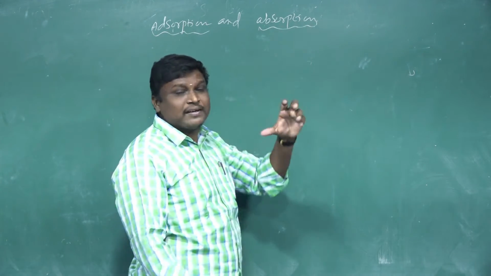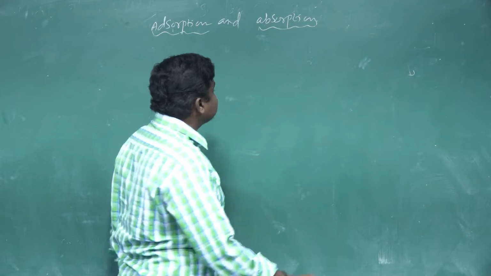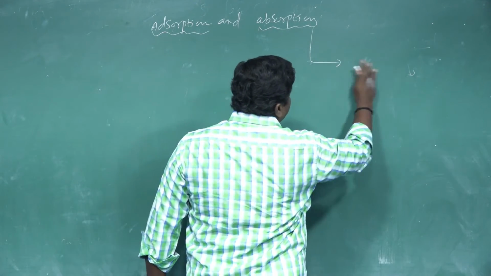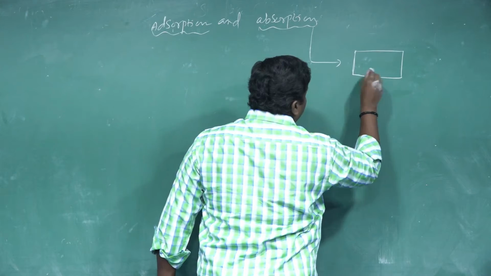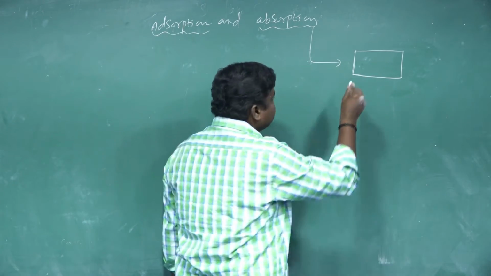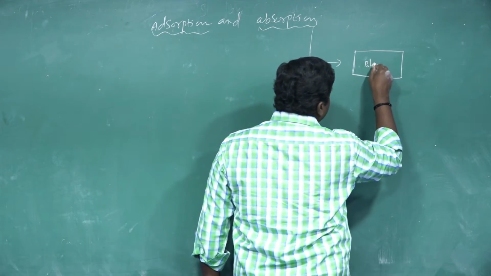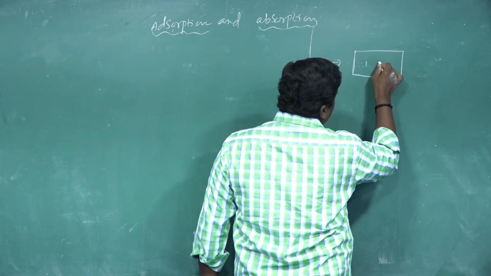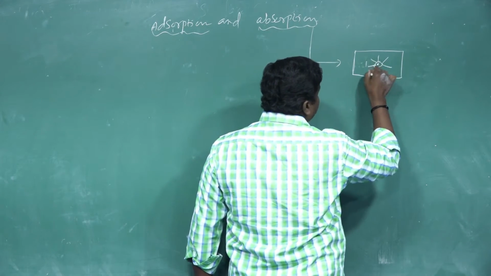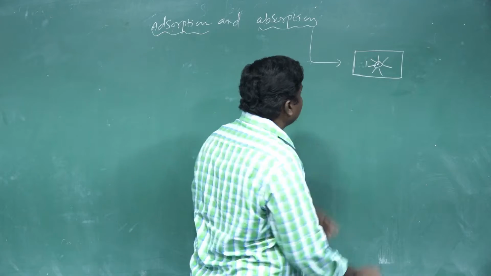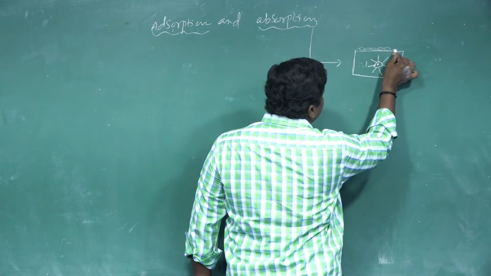Absorption is known as a bulk phenomenon. Let us consider you take object A. In this object A, bulk phenomena. This is a molecule. This is surface area.